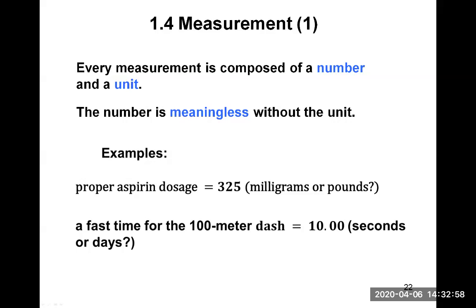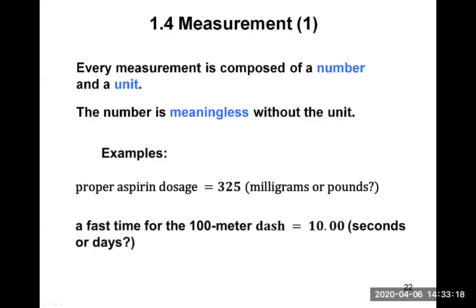If it's the proper aspirin dosage for a patient in a hospital, then this can have dramatic consequences if you are giving the wrong dosage. So it is very important that you write down the unit of your measurement.